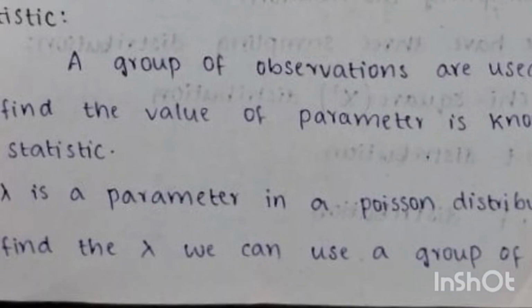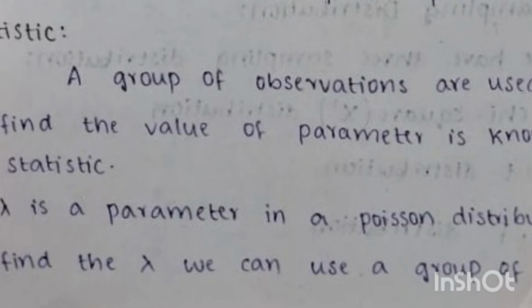The mean of those observations is used to find the value of the parameters, that is n comma p in the binomial distribution. So the mean of the observations is said to be the statistic.